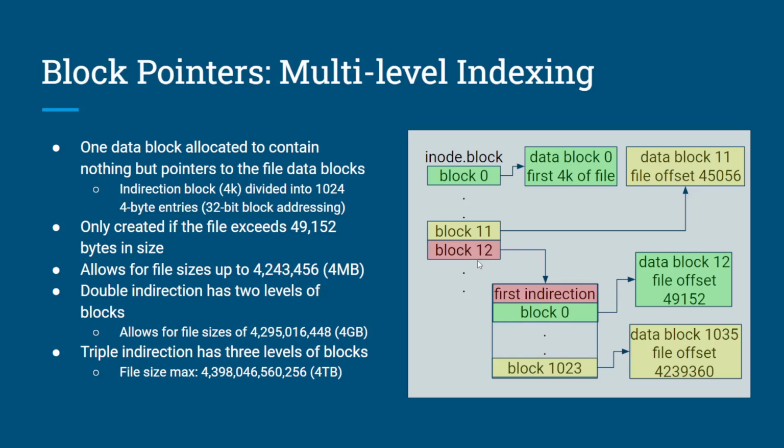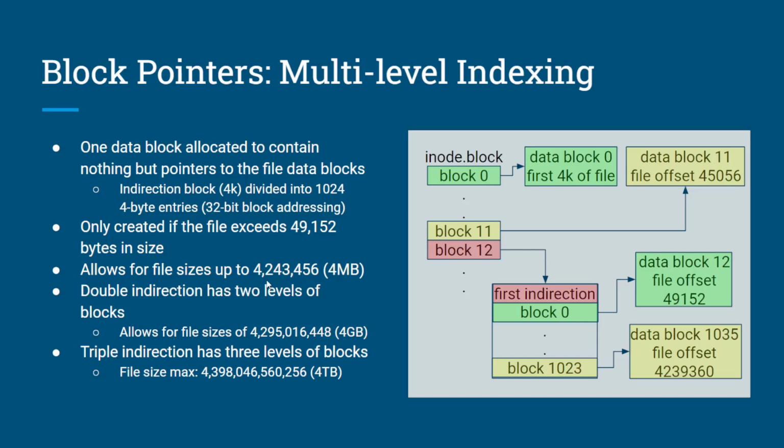So in order to find byte 49152, if I choose to read that byte, the operating system needs to first read this particular block to find the actual data block. There can be up to 1,024 entries within the first indirection block, meaning that with just the first indirection, we can handle files up to 4 megabytes in size.